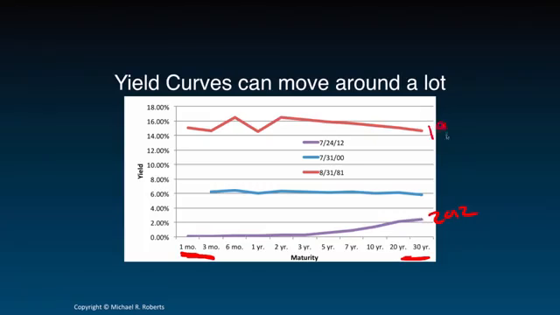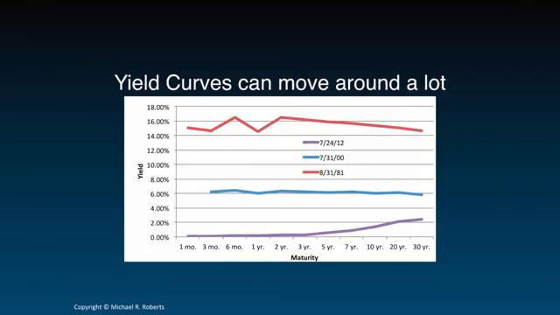Whereas back in 1981, we see that long-term interest rates were actually below shorter-term interest rates, at least over a stretch here. So it was cheaper for the government to borrow for longer terms, at least, at a lower interest rate.